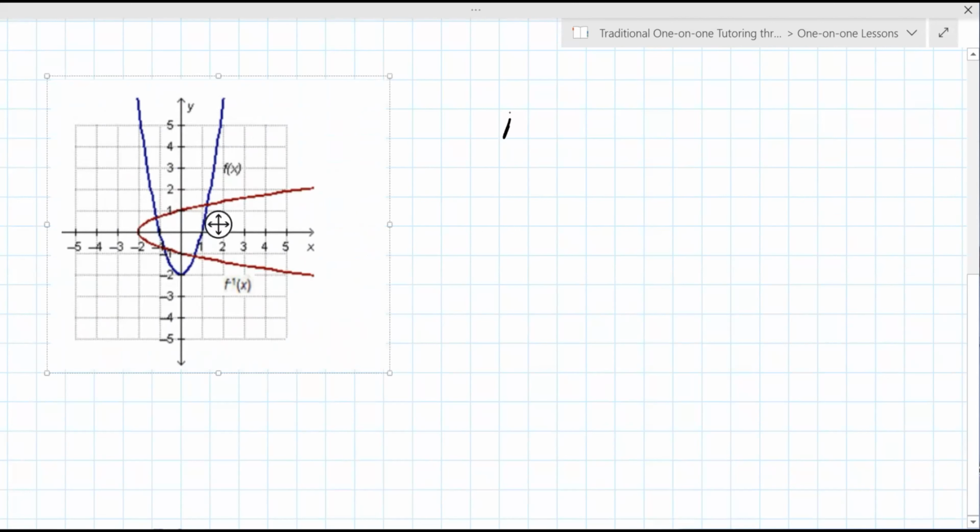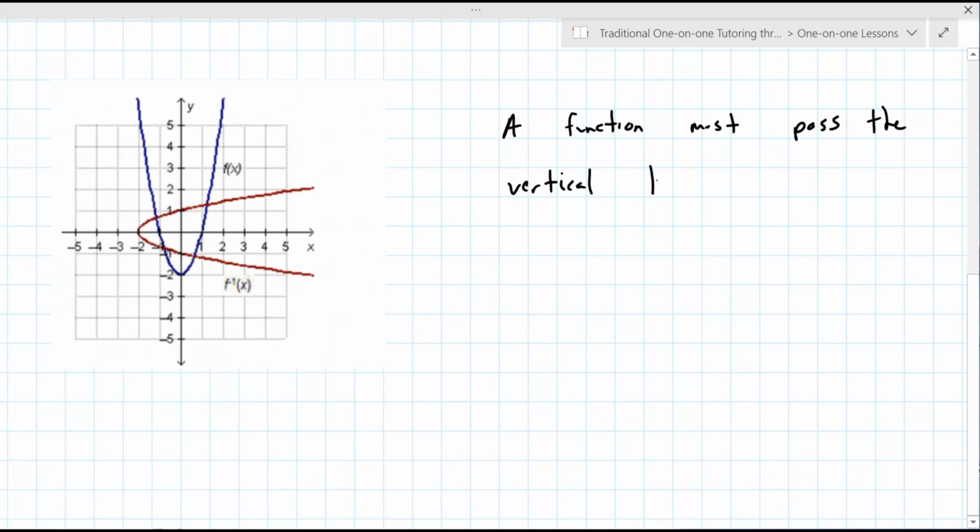A function must pass, and you probably saw or heard this before, the vertical line test. Yes, and the horizontal line test, I know both. That's slightly different. For a function, it's just the vertical line test. Imagine the red isn't there.